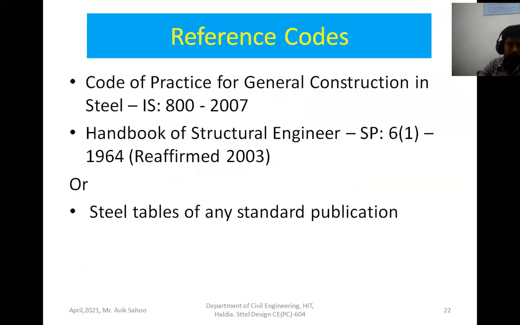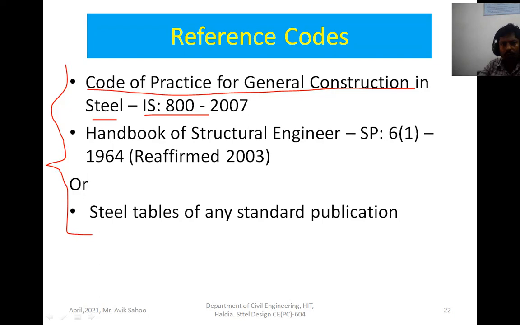Now what are the reference codes? These codes are required when you design the steel members. The first code is Code of Practice for General Construction in Steel. This is a code based on the limit state method.